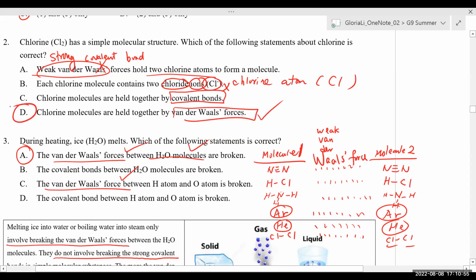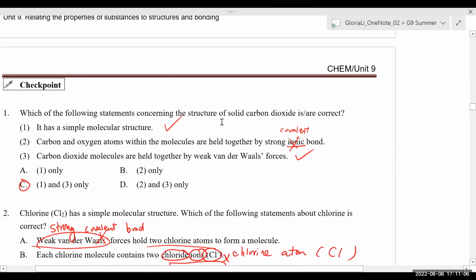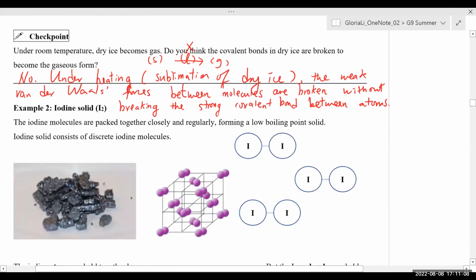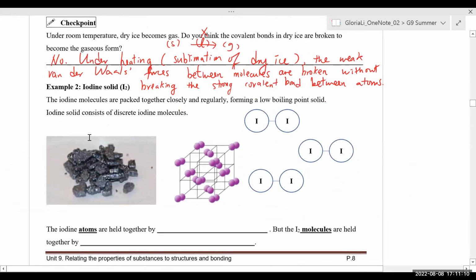Understand? Chlorine is a halogen. So halogens are the elements with non-metal atoms only. So that's why if we turn back to page 8, iodine has an appearance that looks like this. So this is iodine solid. And the iodine molecule looks like this. So if I draw the electron diagram, then it will be like this. Okay, sorry, that's wrong.